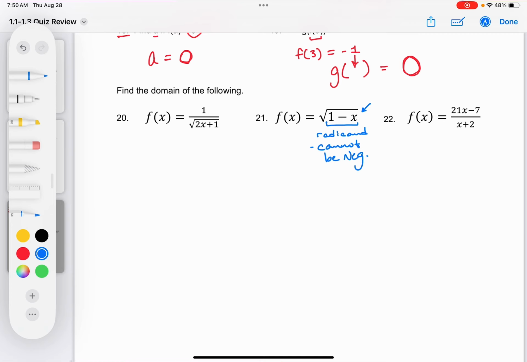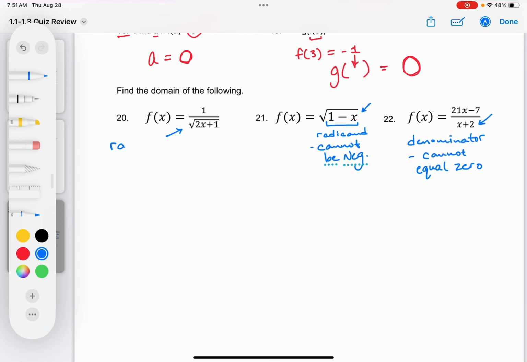Then I'm going to look at 22, where we have our input in the denominator, and it cannot equal 0. Sorry, I got used to using my other program where I can erase quicker. Cannot equal 0.